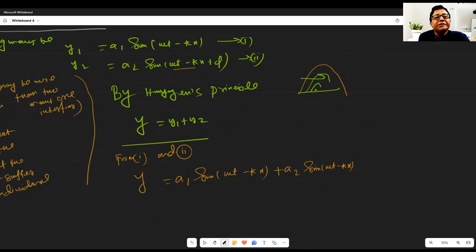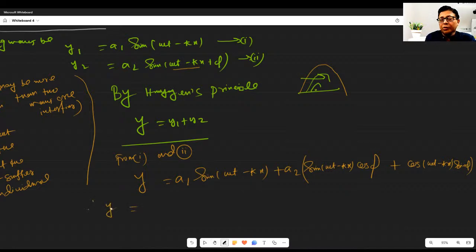I'm just expanding sin(a plus b): a2 sin(omega t minus kx) cos phi, plus cos(omega t minus kx) sin phi. Just open the term sin(a plus b) using that.